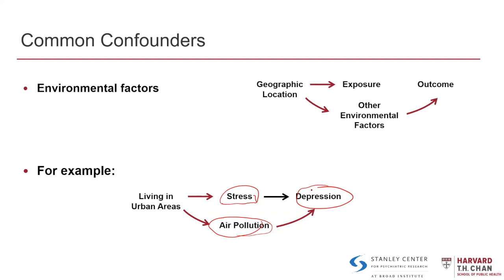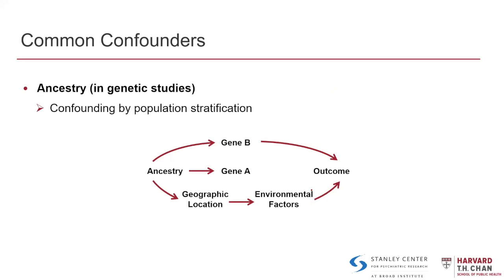So if you have study participants included from urban as well as rural areas, one way to mitigate this is to take that into account either in the design stage or in the analysis stage.